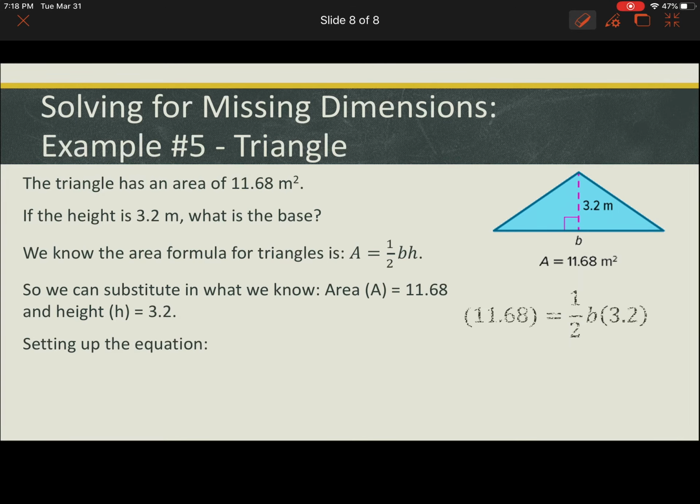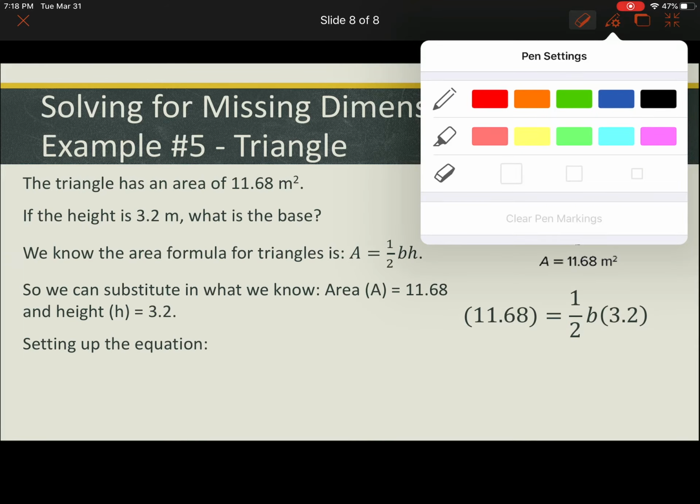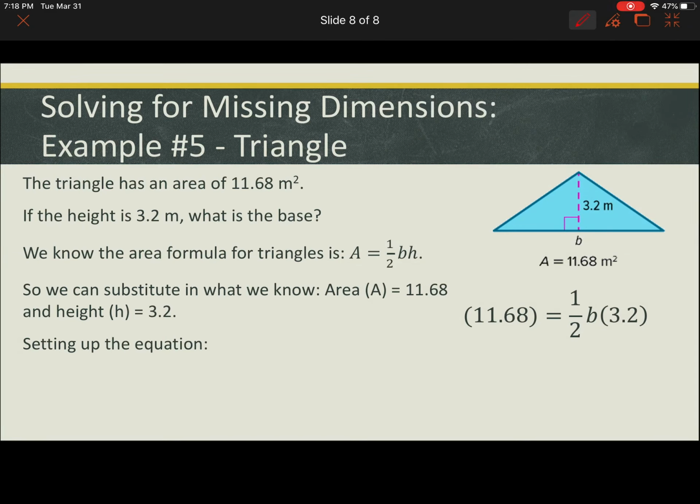Setting up the equation. Now, very important that we take that 1/2 and multiply it by the 3.2. So if necessary, we can use the commutative property if it's easier for you to see. And now we see we multiply the 1/2 times the 3.2.